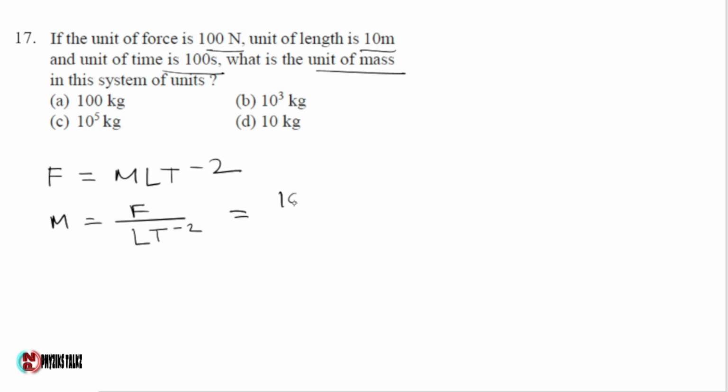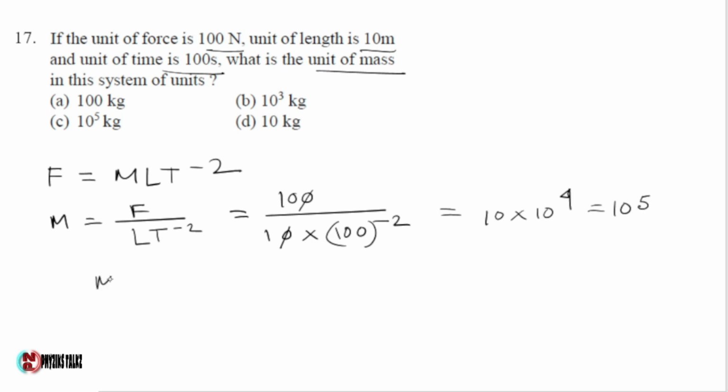So here force is 100 Newton, length is 10 meter, and time is 100 second to the power minus 2. So this is given by 10 into 10 to the power 4, which gives 10 to the power 5. So mass is 10 to the power 5 kg. So the right option is option C.